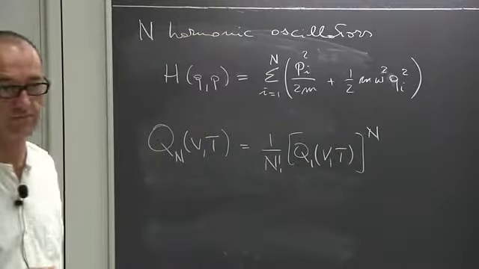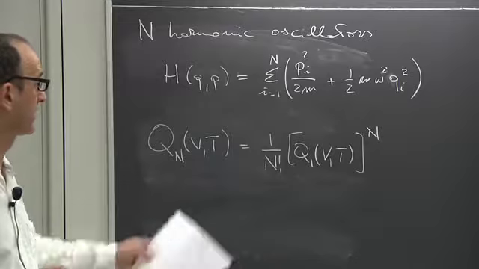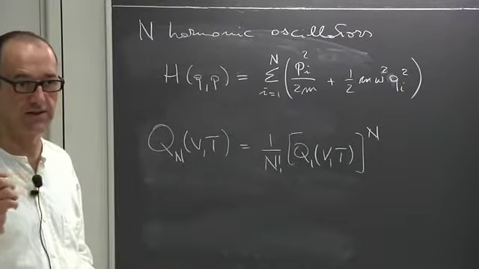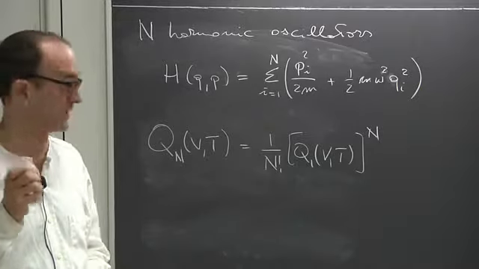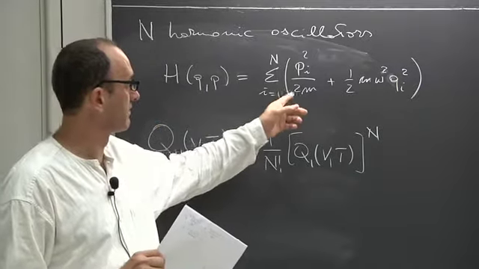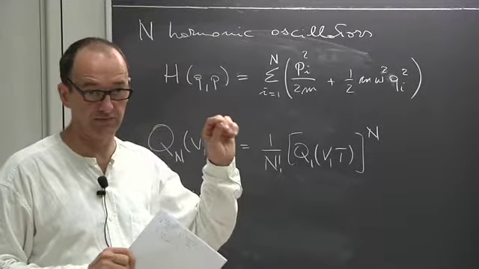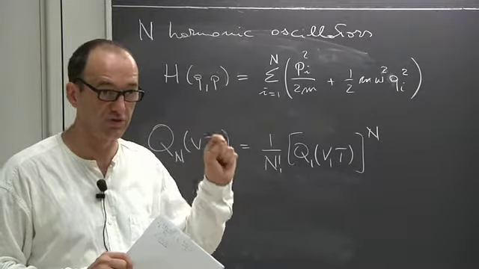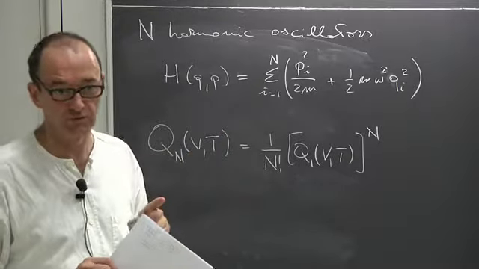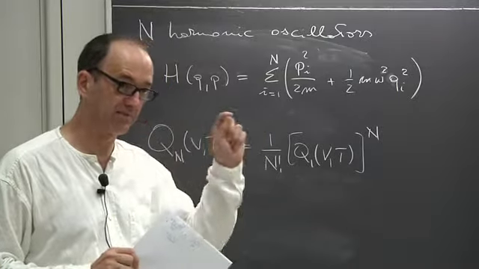Now, however, in this case, if we think of this system as a system which describes the vibrations of the atoms around their positions, then the particles are distinguishable, because each particle will be in a different position, right?